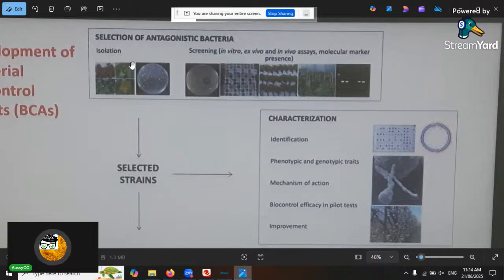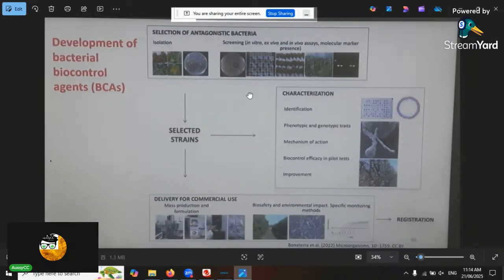So you can isolate it and screen it out, and then develop it. This is how, for instance, you might want to get Azos out of your soil. So that's what you'll do. You isolate it and then screen it, identify it, then go through the BLAST system and it'll be identified.